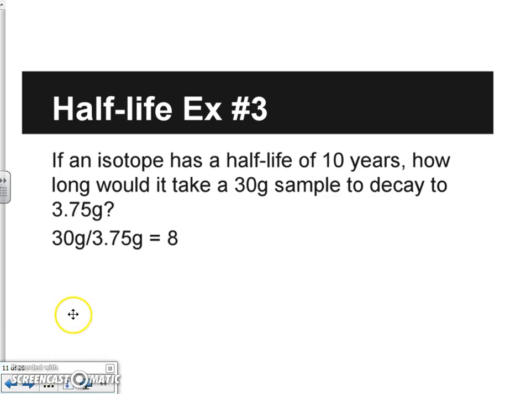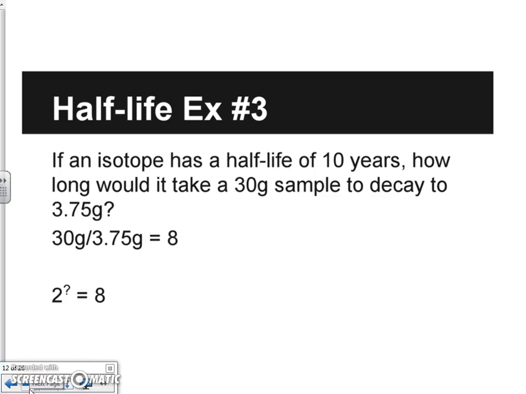So we look at the math here, that equals 8. That gives us a factor of 8. What we're trying to figure out is how many half-lives have gone by, or 2 to the what power equals 8.